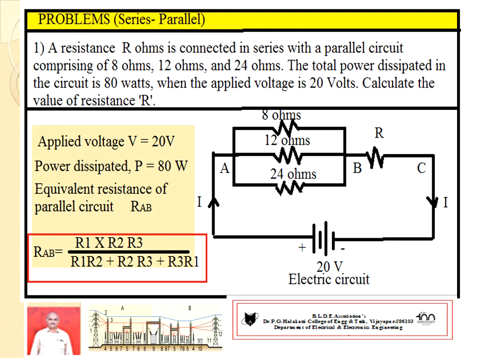First, you try to understand which resistances are connected in parallel. You draw the parallel connection. 8 ohms, 12 ohms, 24 ohms, all are connected in parallel. Then this parallel connection is connected in series with R resistance. This value we have to find out.